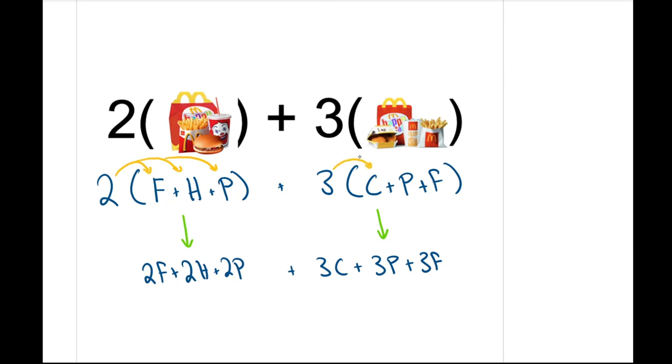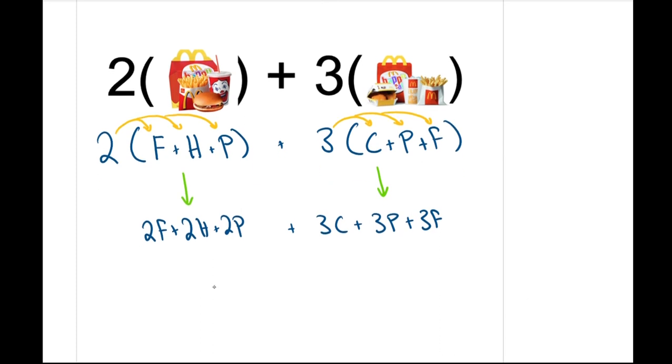The 3 was multiplied to the number of chicken nuggets, the number of pops, and the number of French fries. So when we have a number outside brackets, that's basically saying that number gets multiplied to everything on the inside individually. And that's what we call the distributive property. So that's when we take something on the outside and we multiply it through everything on the inside.